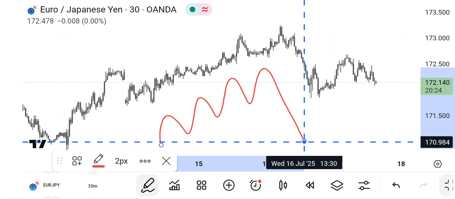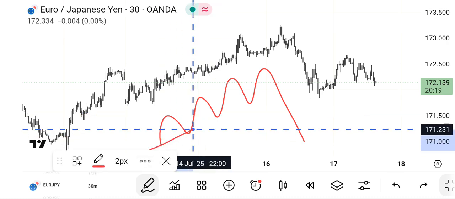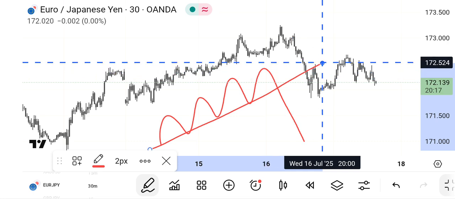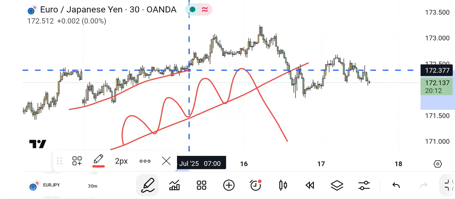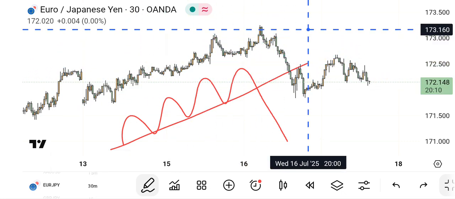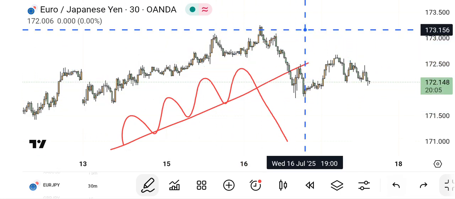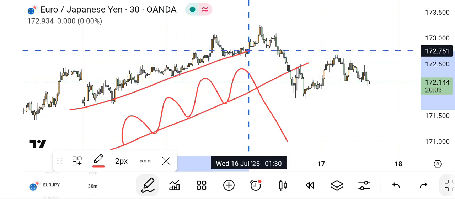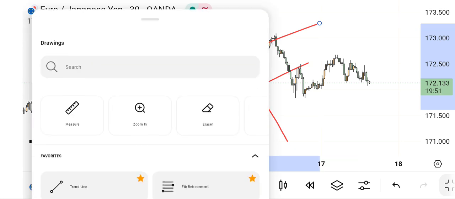The market has been moving like this, following the trend line, which is the uptrend. We have two types of trend line trading: the breakout and the rebound. This one here is rebound trading.